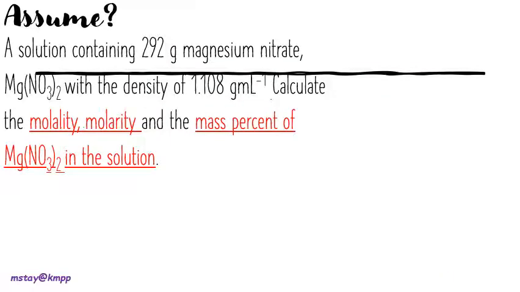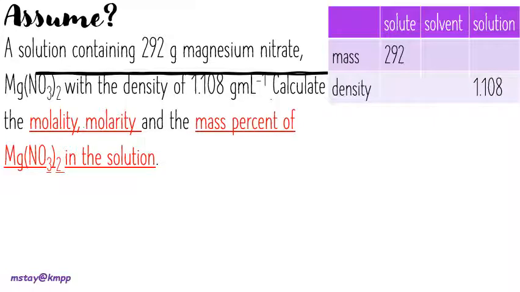Let's look at the next example. This time the mass of solute and density of solution are given, so transfer them into the table. Then the question is asking us to find the molarity. So let's see how the student answers this question.